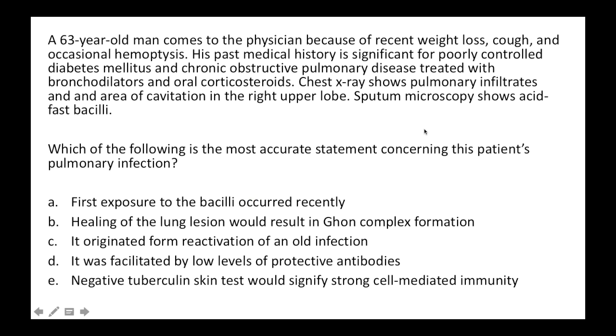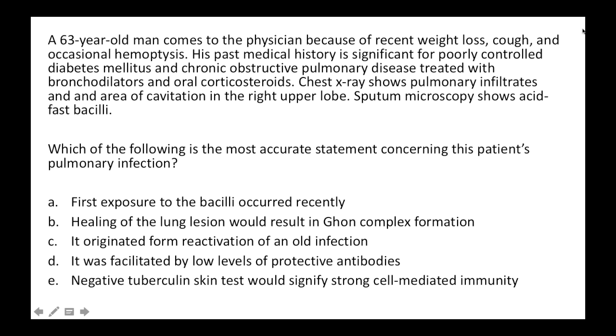And last question. A 63-year-old man comes to the physician because of recent weight loss, cough, and occasional hemoptysis. His past medical history is significant for poorly controlled diabetes mellitus and chronic obstructive pulmonary disease treated with bronchodilators and oral corticosteroids. Chest x-ray shows pulmonary infiltrates and an area of cavitation in the right upper lobe.